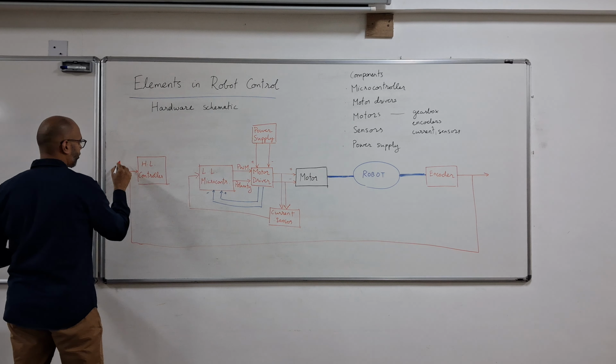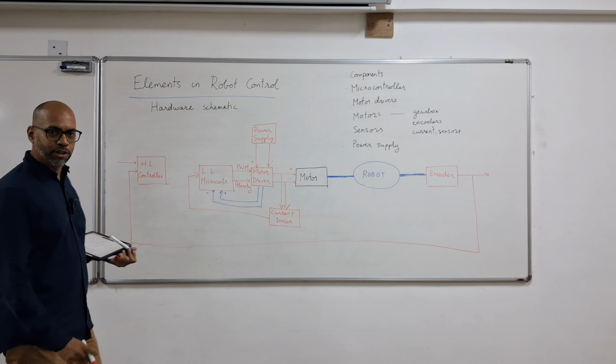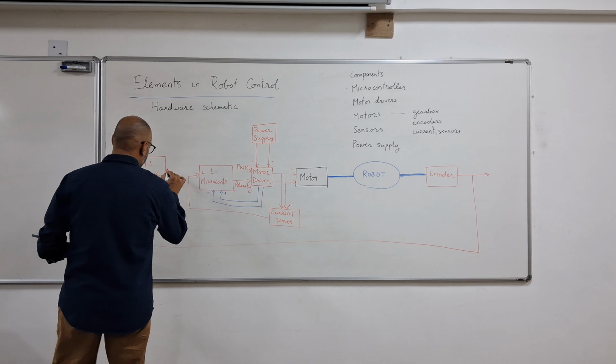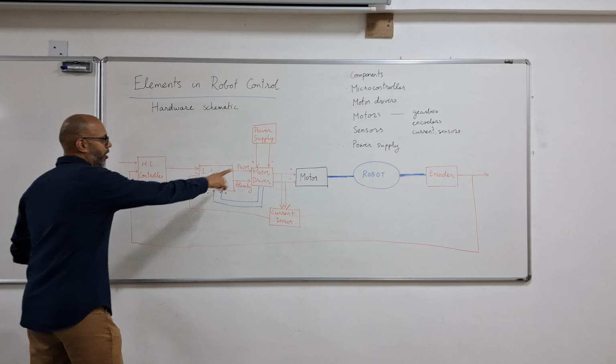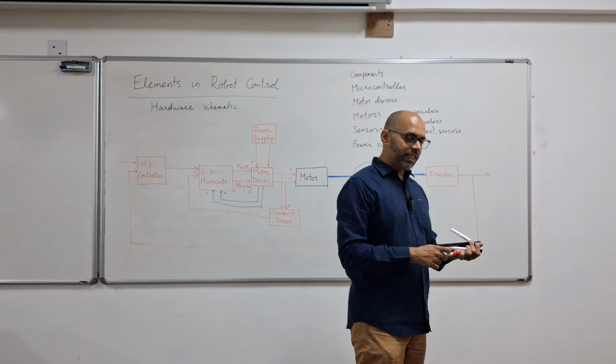Now, this higher level controller may also have an external input of what the desired actions of the robot are. And this higher level controller is then telling the lower level controller what sort of actions need to be carried out at the motor level.